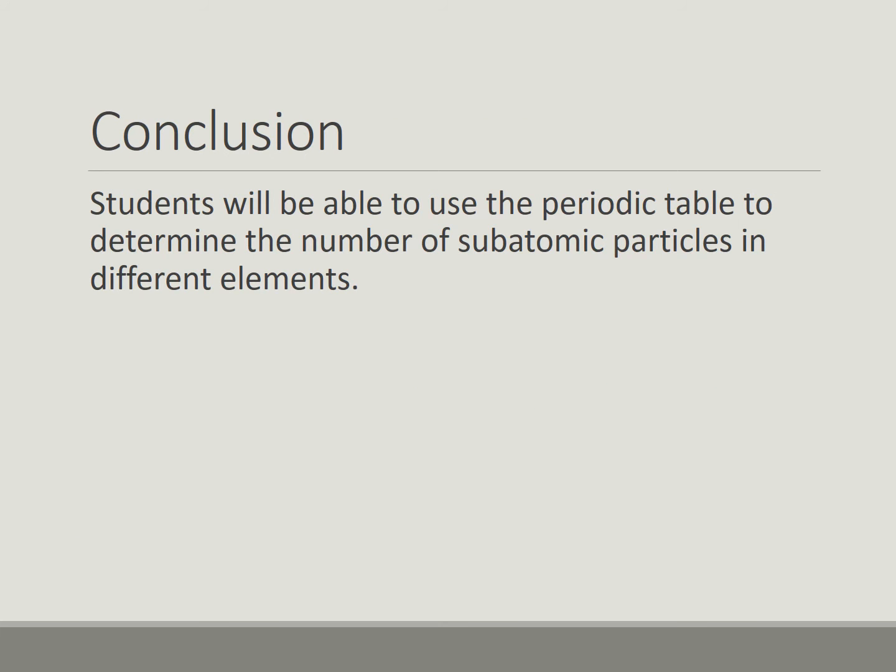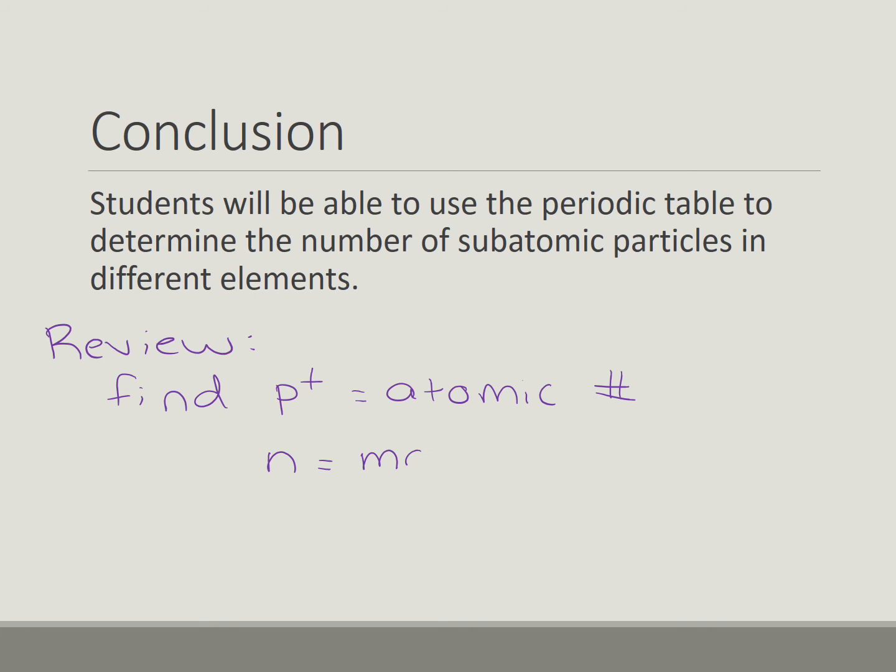So our objective was to be able to use the periodic table to determine the number of subatomic particles in different elements. To review, when we want to find protons, we know we have to look at the atomic number. For neutrons, we know we have to take the mass number and subtract it by the number of protons, which is also the atomic number.